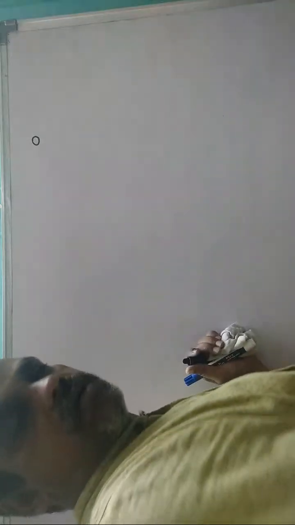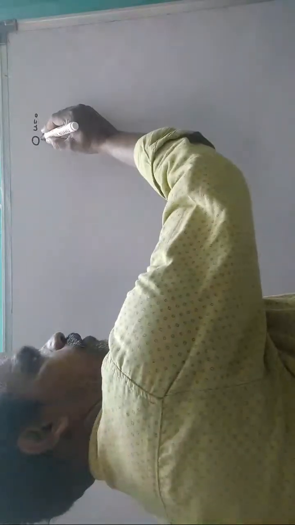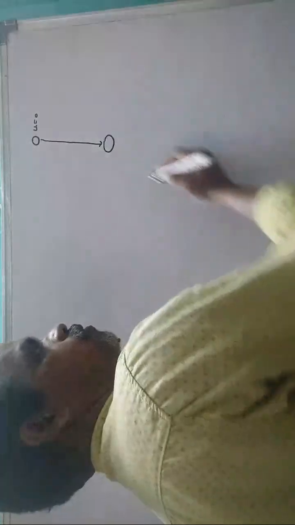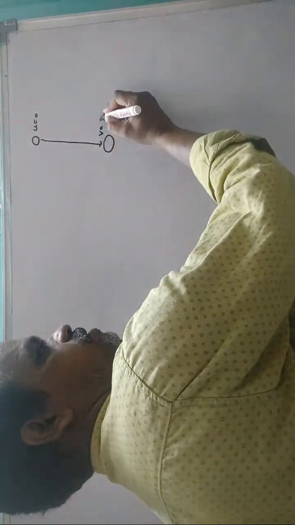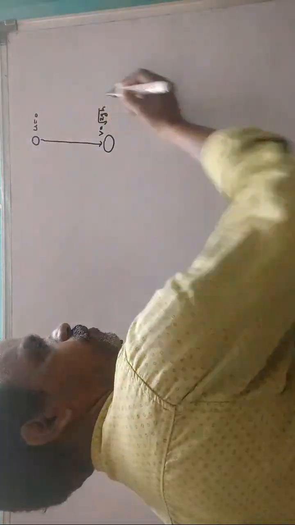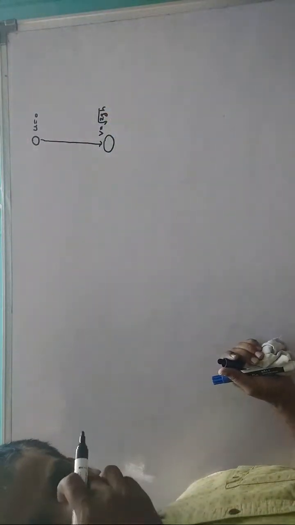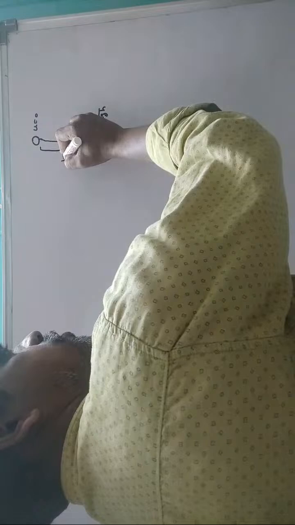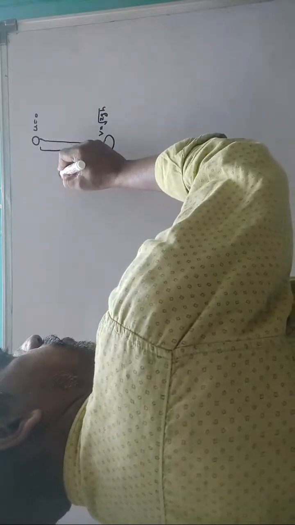So one more. The body is here, u equal to 0, it is moving down to the ground. So here the final velocity is equal to root 2gh. In the last class we calculated, for example, this body covered this displacement in time t.